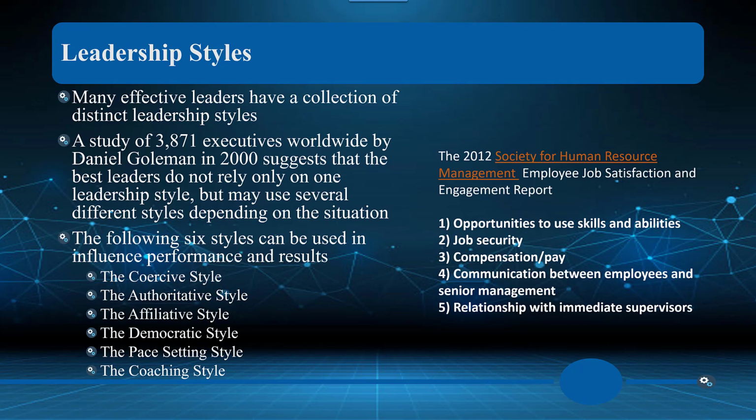Now, if you're familiar with the Hawthorne studies, and I mentioned this before, communication between employees and senior management, or somebody that seems senior. The Hawthorne studies went into a manufacturing plant and just messed with everything in the plant. They messed with timing of the employees. They messed with the lighting. They messed with the temperature.